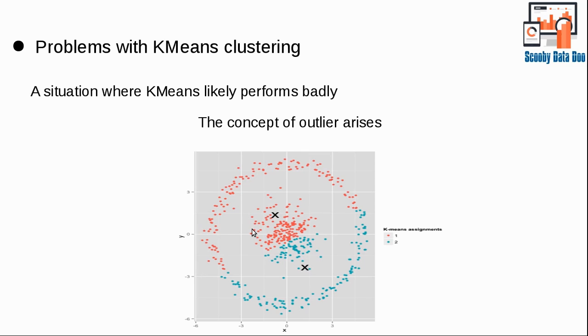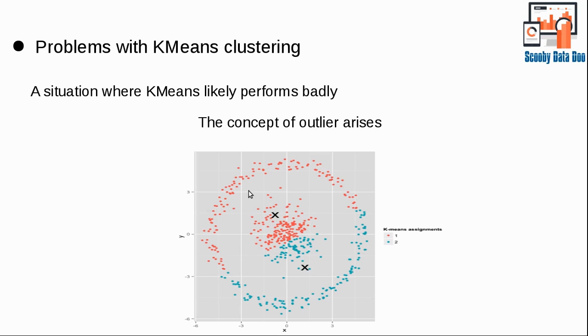Now see, in this area the clusters are quite dense, and if you consider this part as a whole one cluster, then the value of the SSE will be very high, because from this point to this point, from this point to this point, and this cross is the centroid.